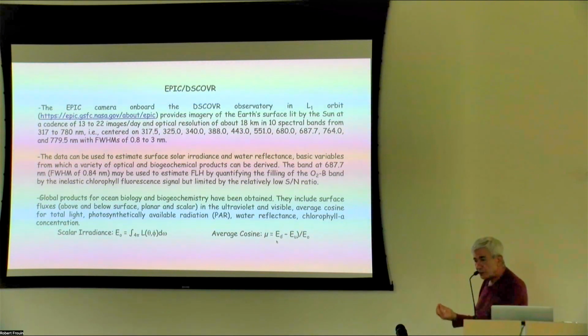So if you are able to measure how much the band is filled, you are able to estimate the chlorophyll fluorescence. This is the technique that is going to be used on future satellites like the FLEX mission.